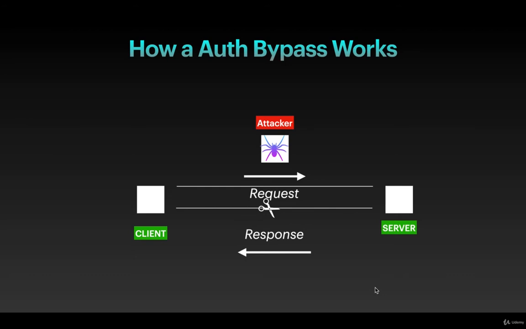And when the client, or let's say an attacker, is able to modify the response, then there becomes an authentication bypass, if the application is just checking the client side code instead of checking the server side code.